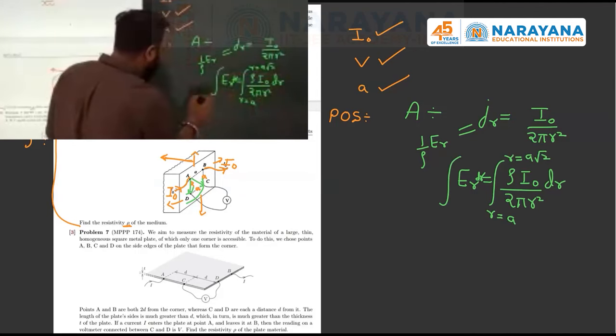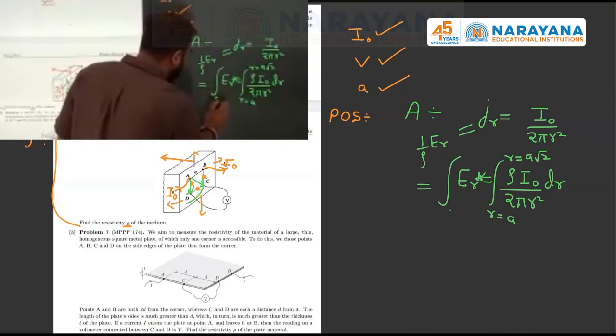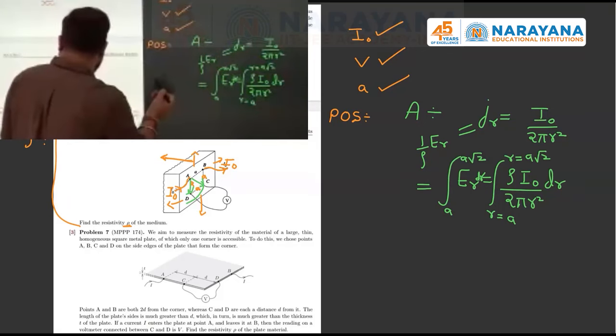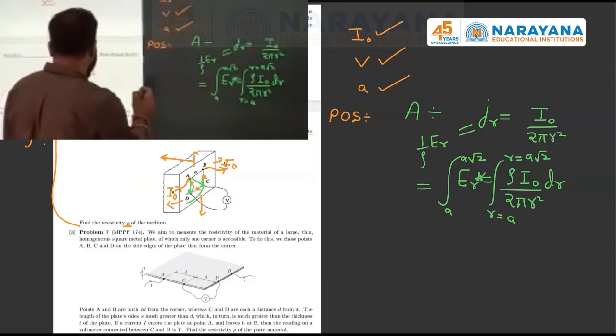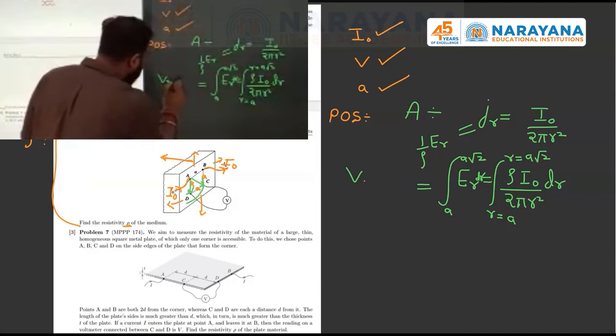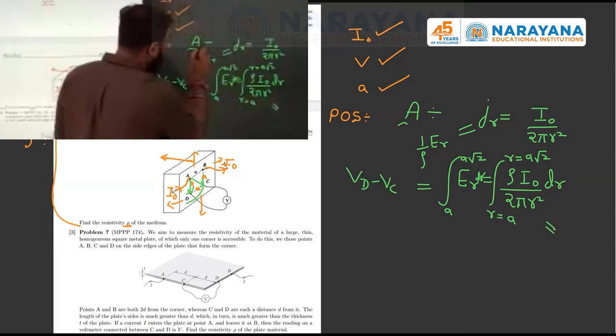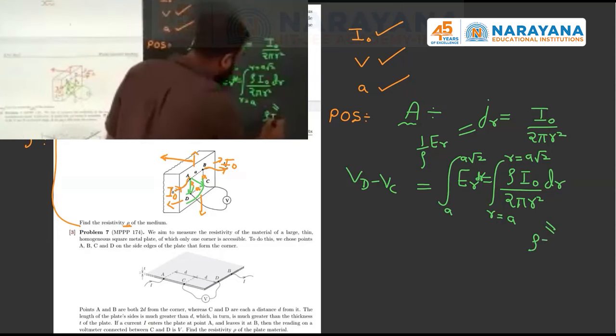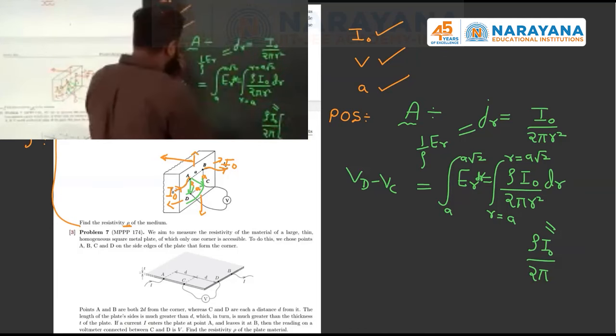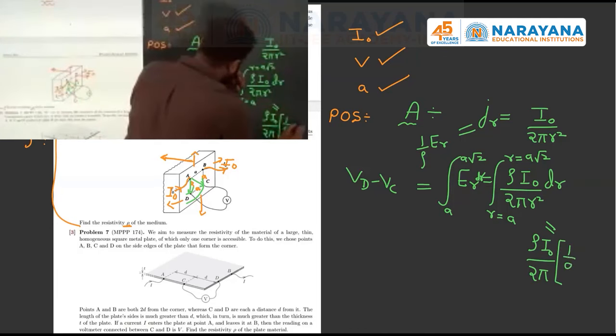This value gives the potential drop between D and C, so this will become Vd minus Vc. This is only the effect of A, remember. So it is rho I naught upon 2 pi into 1 upon A minus 1 upon A root 2.